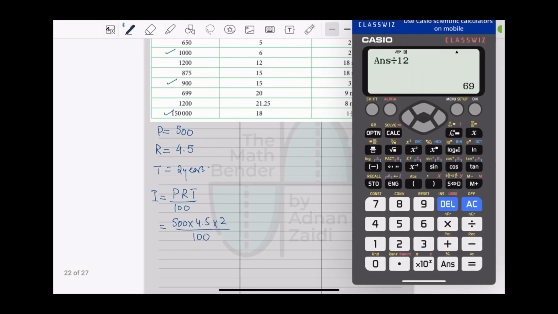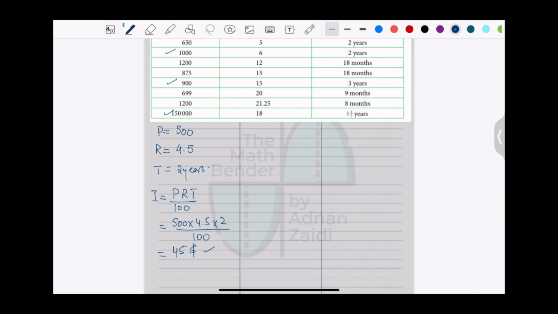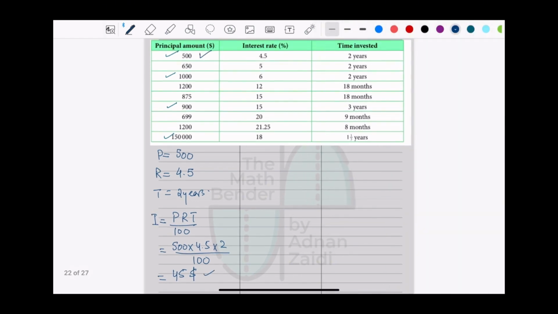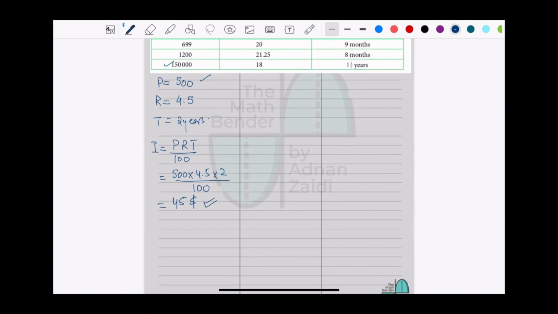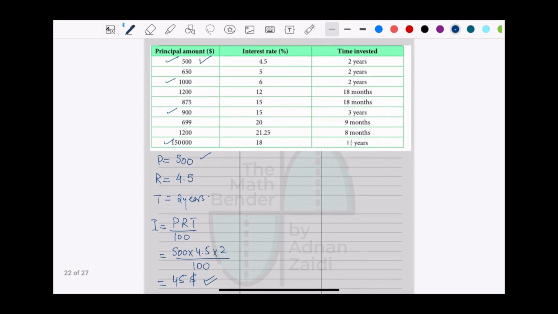That is 500 times 2 times 4.5 divided by 100, which equals $45. Now $45 is the additional amount. When you return the total amount back, you're not only going to return 500. This is the additional price that you'll be returning as well. So the total amount is going to be 545, but the interest, the extra amount that is charged, is 45 US dollars.